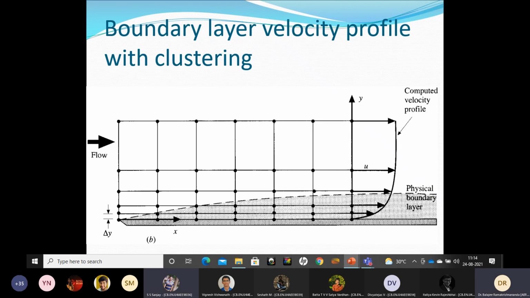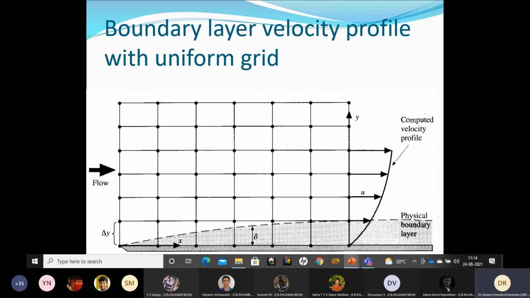Now, if you cluster more grids near the wall, you see how much the boundary layer profile changes. Now this looks more realistic, correct? The velocity profile here looks like the turbulent boundary layer. Here it looks like a laminar boundary layer.